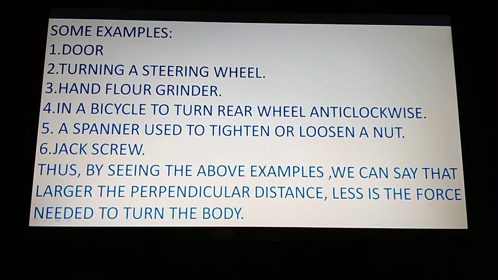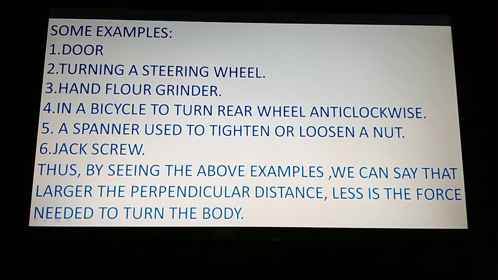The second is turning a steering wheel. This is also an example of moment of force, because for turning a steering wheel, a force is applied tangentially on the rim of the wheel. The sense of rotation of the wheel is changed by changing the point of application of force without changing the direction of force.